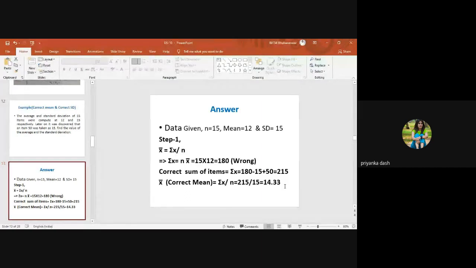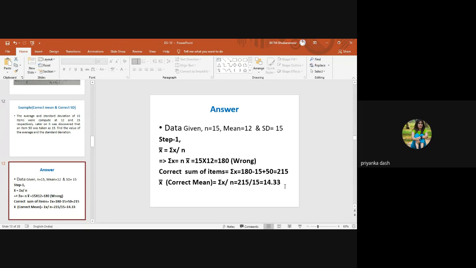The given data is 15 items with a mean of 12. In that particular series from 1 to 15 observations, one value was mistaken: the item 50 was written as 15.